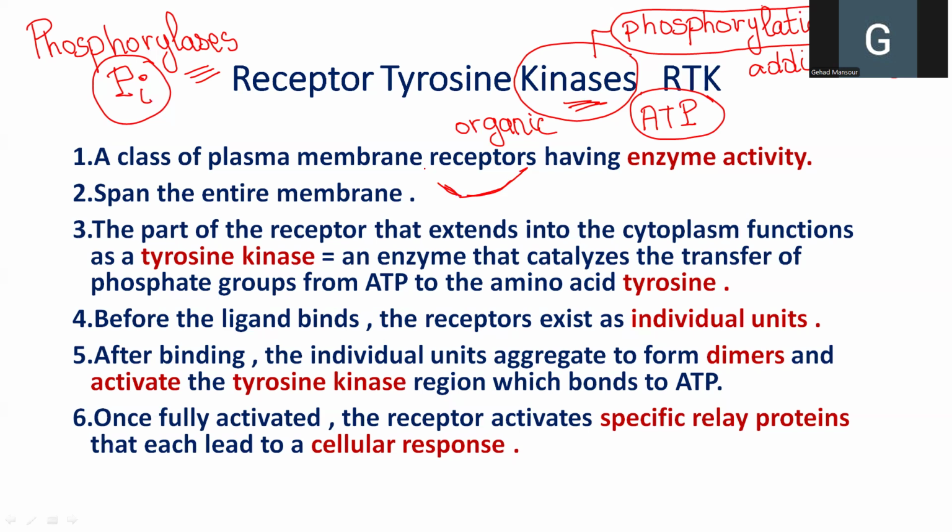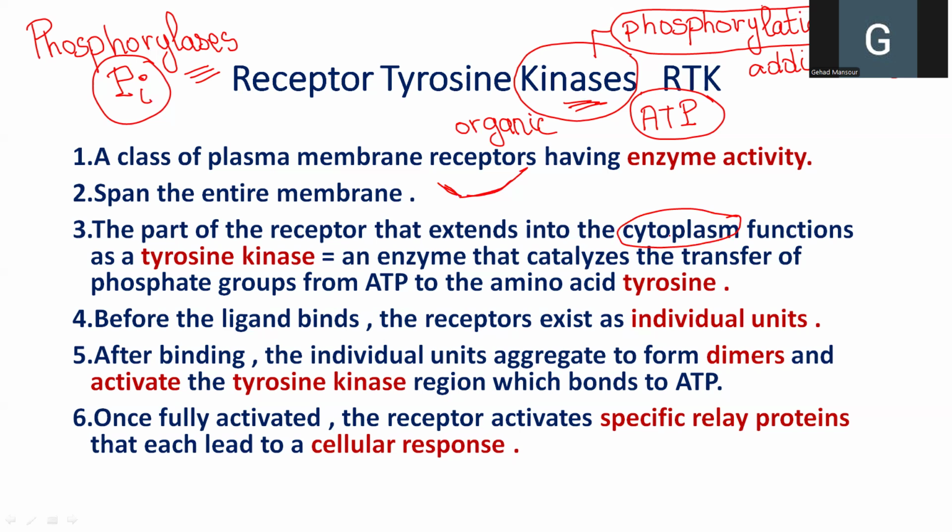These receptor tyrosine kinases, like many of the protein receptors in the cell membrane, span the whole thickness of the cell membrane. But does the receptor as a whole act as an enzyme? No, it's only the cytoplasmic part of the receptor that functions as a tyrosine kinase, an enzyme that catalyzes the transfer of phosphates from ATP.